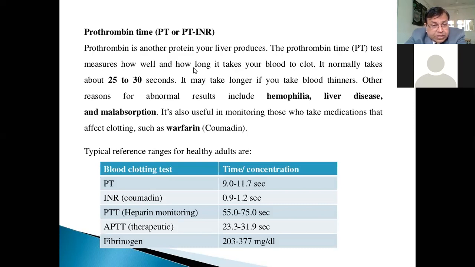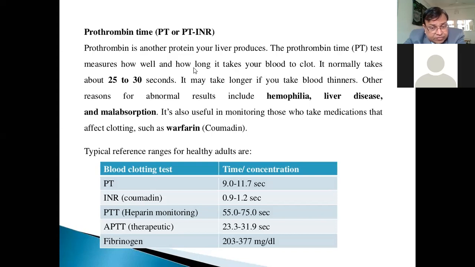Now, the blood clotting tests: PT, the prothrombin time test, and another test, the clotting time. Prothrombin timing is 9.0 to 11.7 seconds. Another test has timing of 0.9 to 1.2 seconds. Another test, the heparin monitoring test, that is PTT, where the clotting time ranges between 55 to 75.